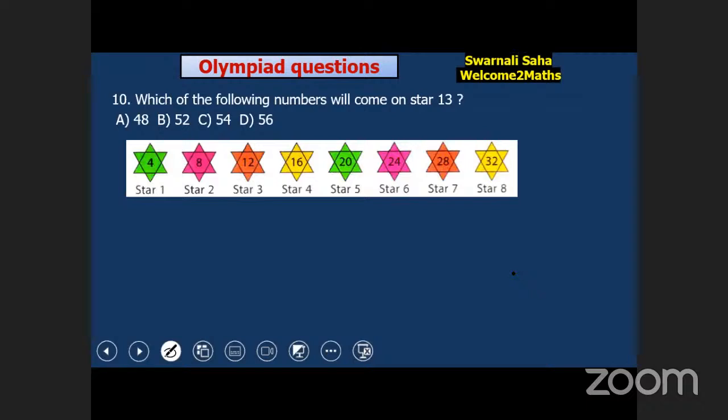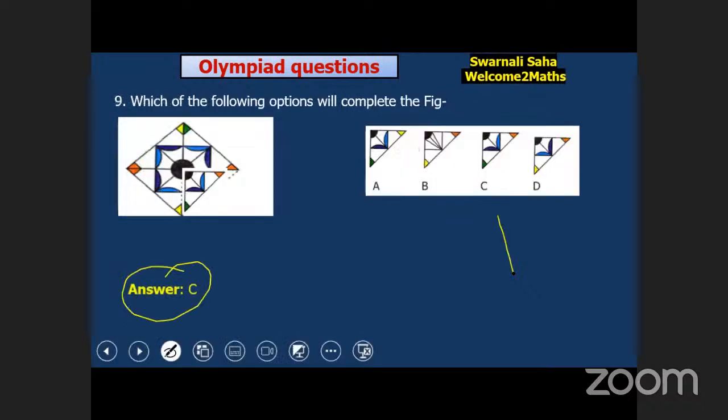Now the next question, try to solve this. B is the answer.